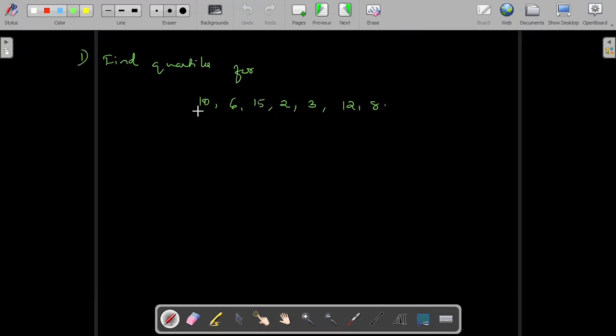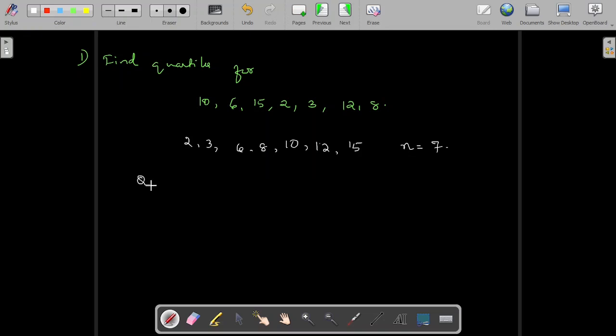See the first question. Find quartiles for this given data. So the first thing you have to do is you have to arrange the data in ascending order. 2, 3, then 6, 8, then 10, 12 and 15. Totally there are 7 observations, n equal to 7. Ungrouped data without frequencies.